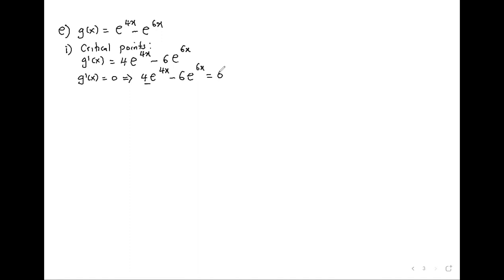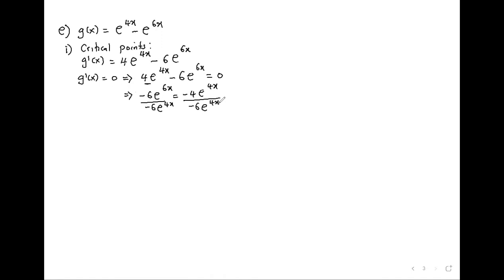If we take this to the other side, we get minus 6e^(6x) is equal to minus 4e^(4x). And then we divide this side by negative 6e to the power 4x, and this side also by negative 6e to the power 4x.